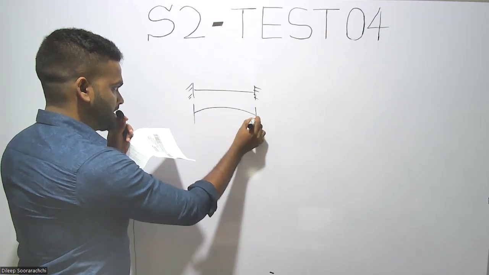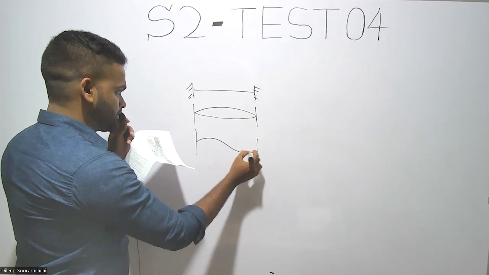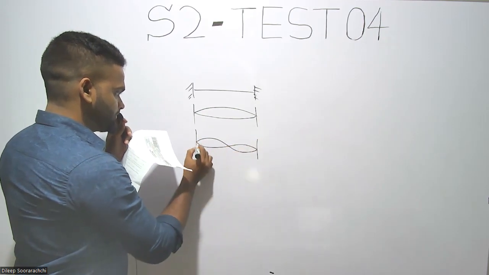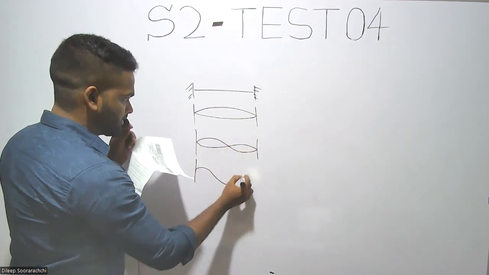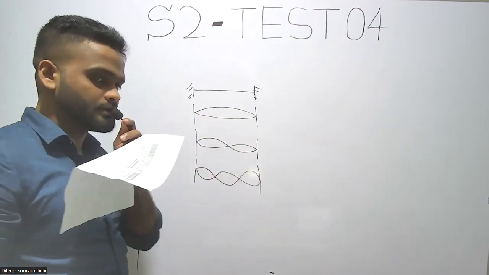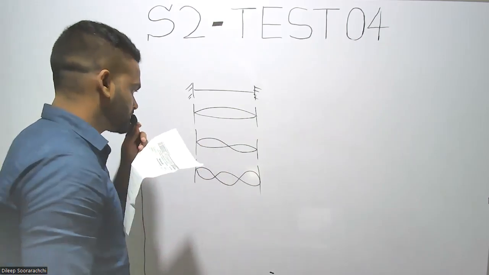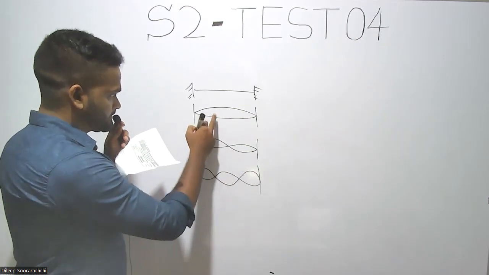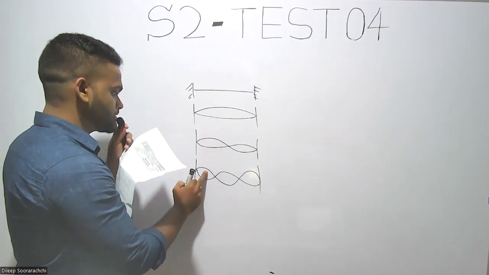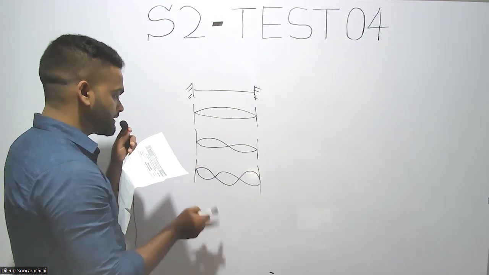This is the fundamental, then we can have the first overtone, then the third overtone. If we keep increasing the frequency at which we vibrate this wire, we can have the fundamental, first overtone, second overtone, third overtone, like that.